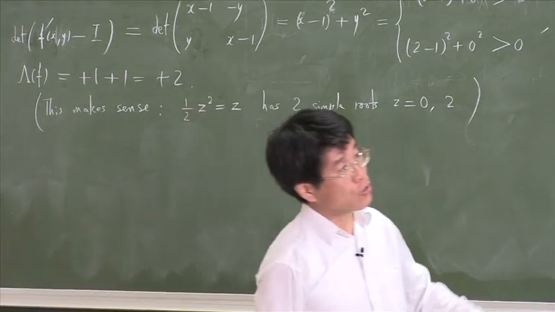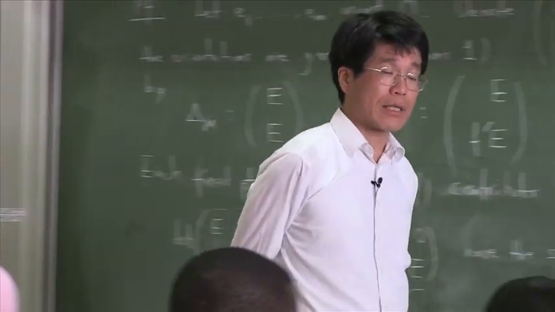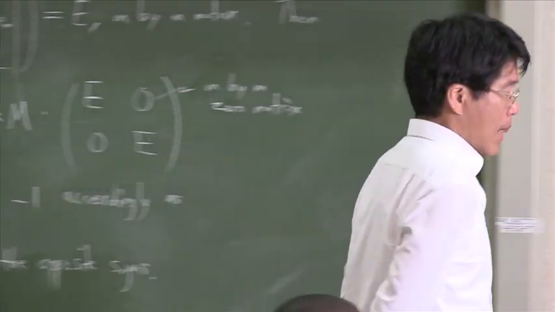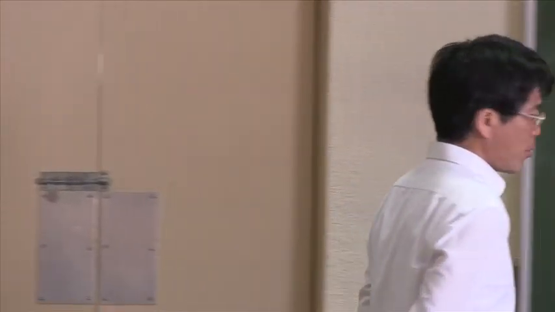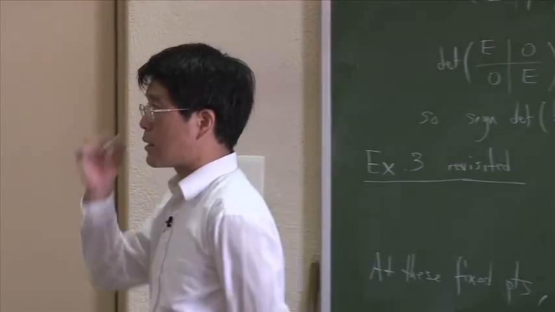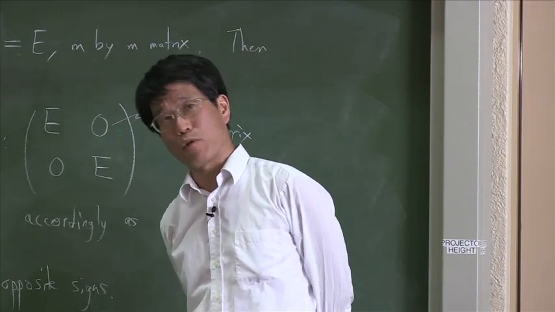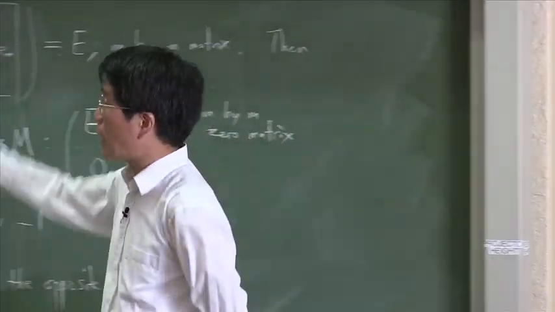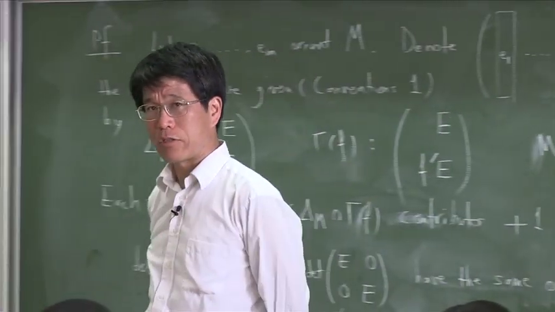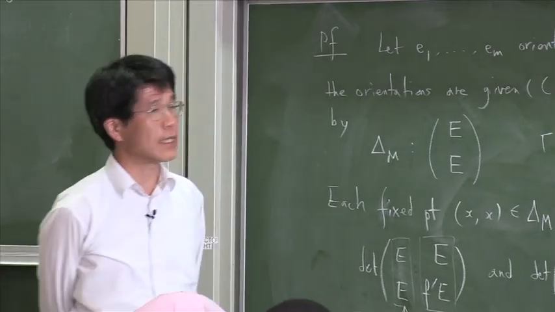That tells us how to compute the Lefschetz number in practice. Now, I will probably give you some exercises in which you can compute the Lefschetz number by this brute force approach. And if need be, you can program a computer to do this kind of thing, given an explicit formula representation of a map that you want to study.